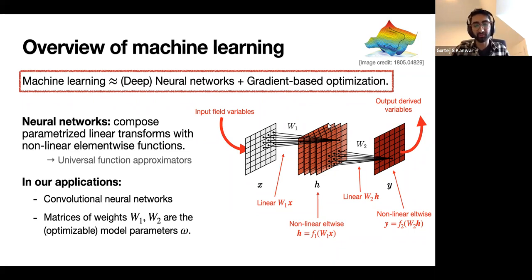The reason I haven't put it on here is I didn't want to go into too much detail about the mechanics of this, but the idea being you define some scalar function that says how close this is to the function we're trying to approximate. And so that's some number that's defined to be small when this is a close approximation. And it's also something which we can take a gradient with respect to each of these weights. So I can say, if I perturb every one of the weights contained in this matrix, what is the effect on the loss?